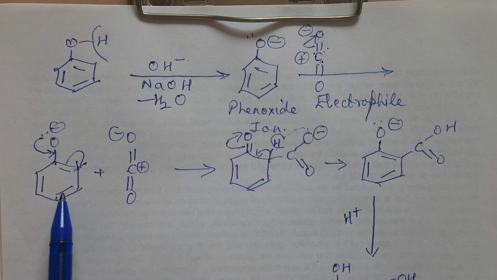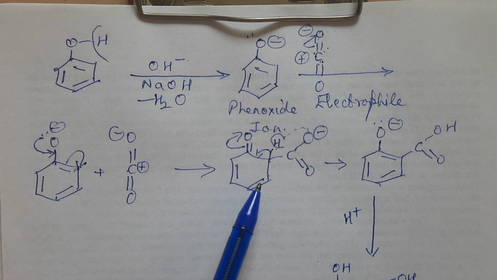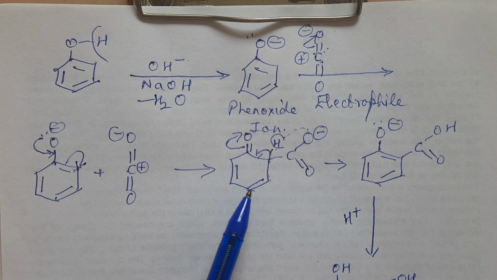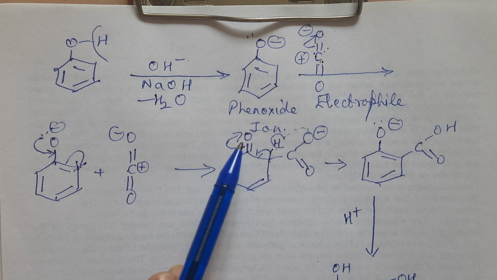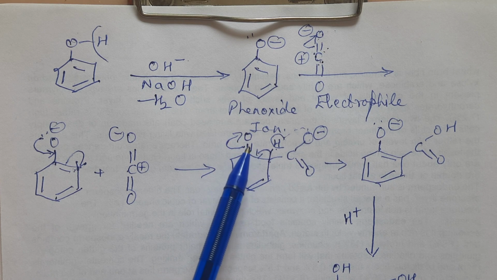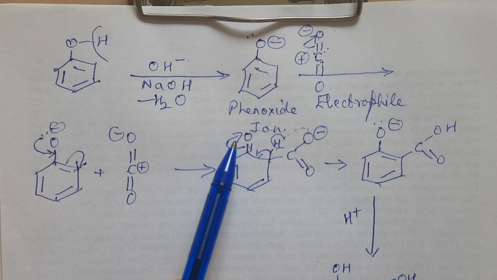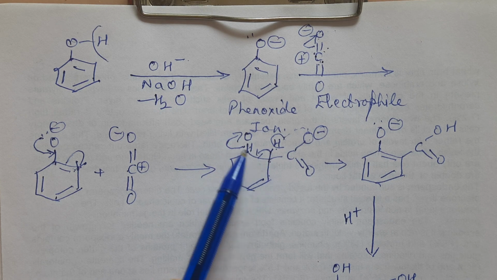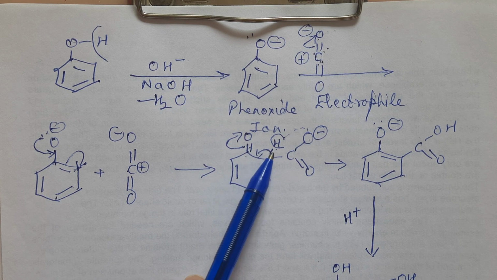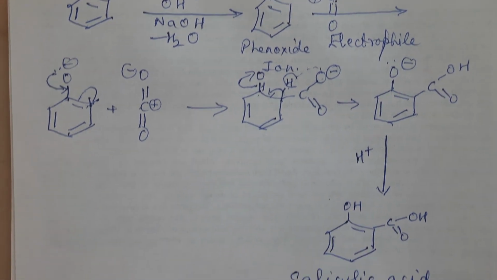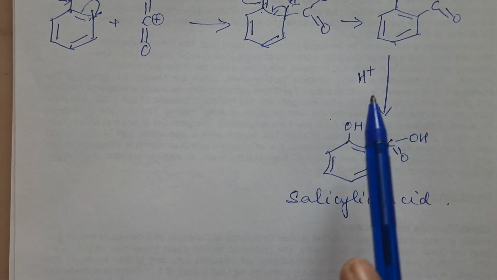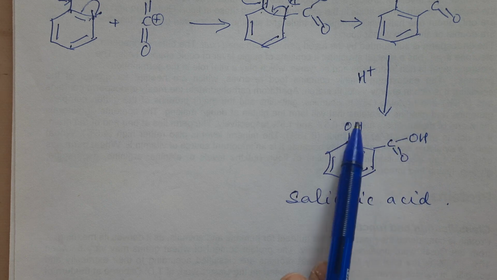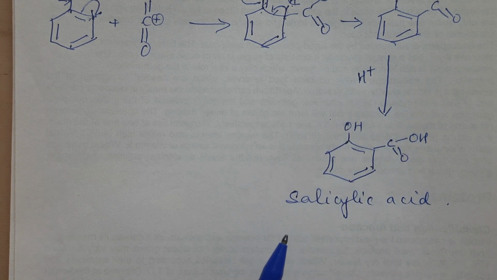So that is now attacking the phenoxide ion, and you get the species. Now in this, there is further rearrangement because this O is more negative. It will try to take this pi bond electron back. When this goes here, valency is disturbed, internal shifting. This comes here, H goes there. And finally, with the H plus, the species that was formed will give salicylic acid.